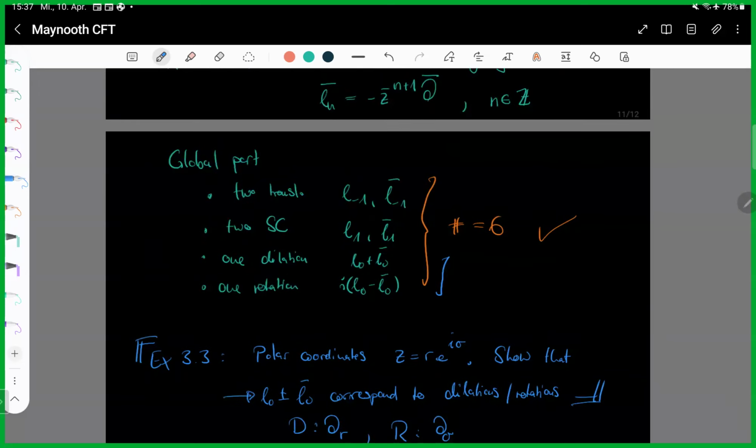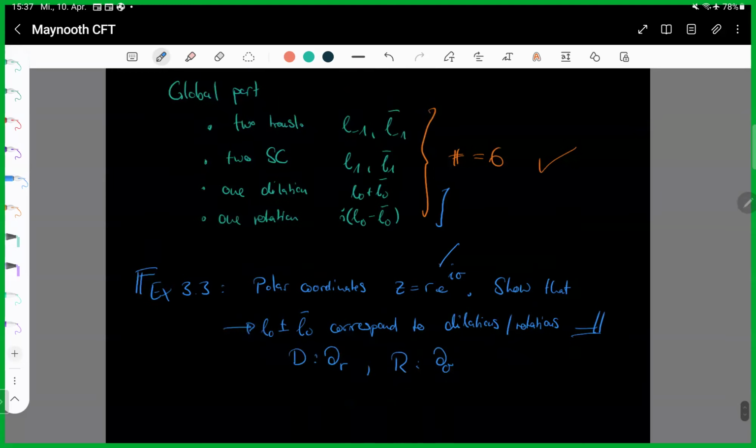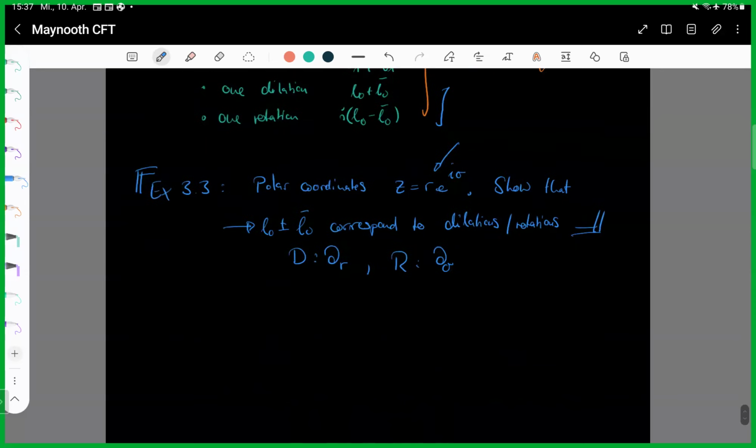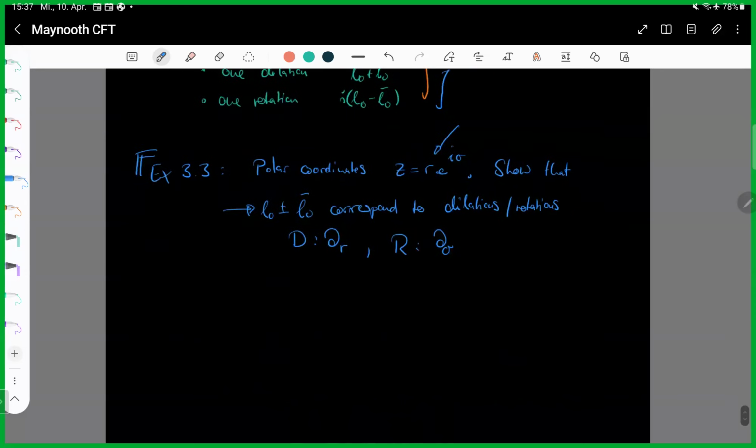Somewhere above I've given, well, actually all that you need is this relation to write how the partial derivatives of r and sigma relate to those of z and z bar. This is essentially an exercise in differential geometry when transforming tensors, but it really just confirms to you that dilations and rotations are indeed given by these generators.